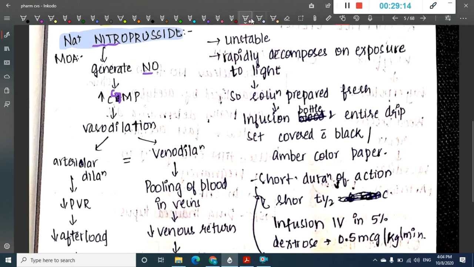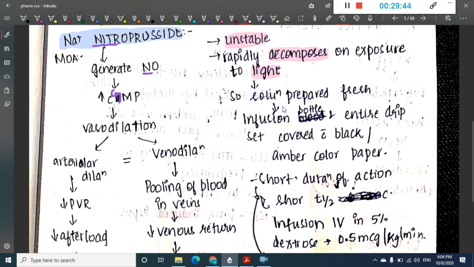Next, this is an unstable drug. Because it is an unstable drug, it easily decomposes with light. When you expose it to light, it easily decomposes, and as a result, you will have to prepare sodium nitroprusside as a separate solution, fresh every time you administer it to the patient. Once you have prepared it fresh, while you are administering it IV, the nitroprusside can get degraded, right?